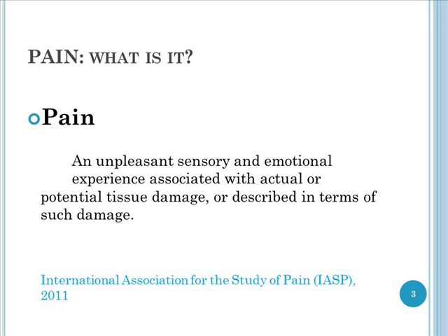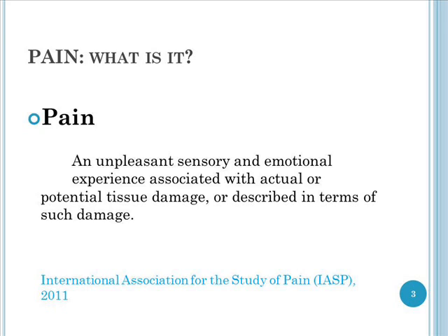So what is pain? Well, pain has been defined by the International Association for the Study of Pain as an unpleasant sensory and emotional experience associated with actual or potential tissue damage or described in terms of such damage. Although that sounds rather complex, what it's really saying is pain is more than a physical experience.